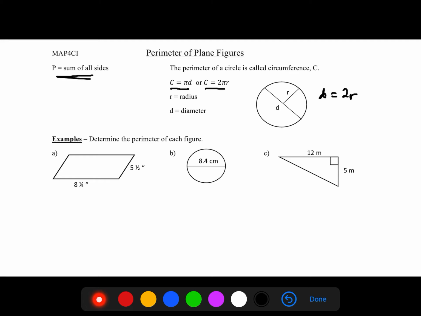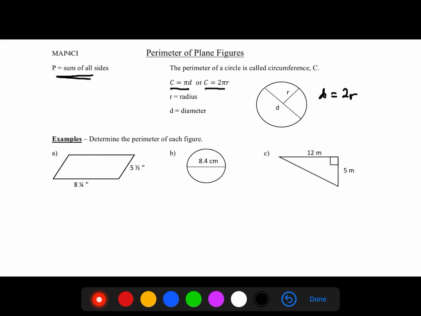Diameter is twice as big as the radius, which is why we have two different formulas for circumference. We can either take pi, rounded is 3.14, times the diameter, or circumference is also equal to 2 pi r, 2 times 3.14 times the radius.